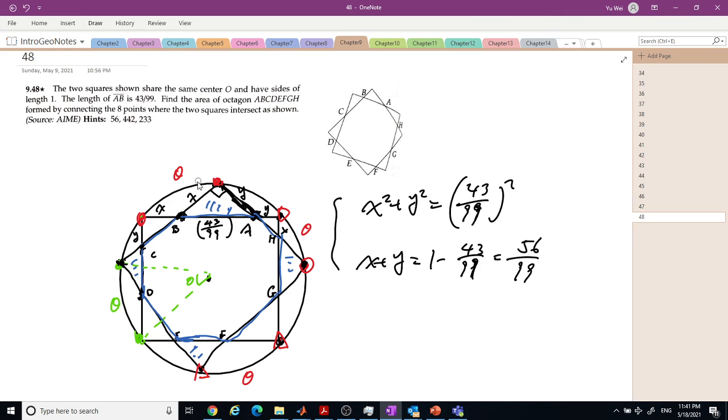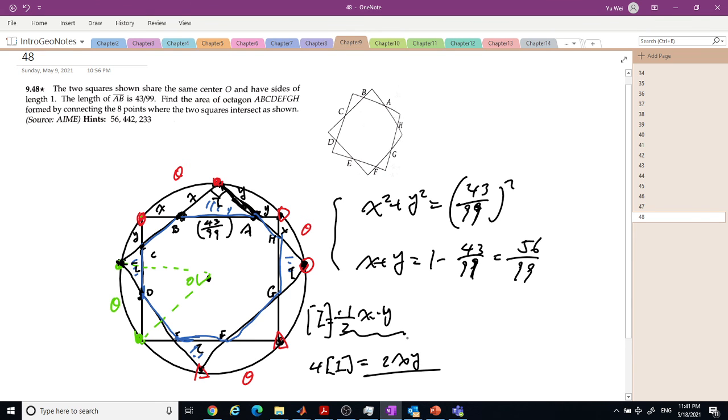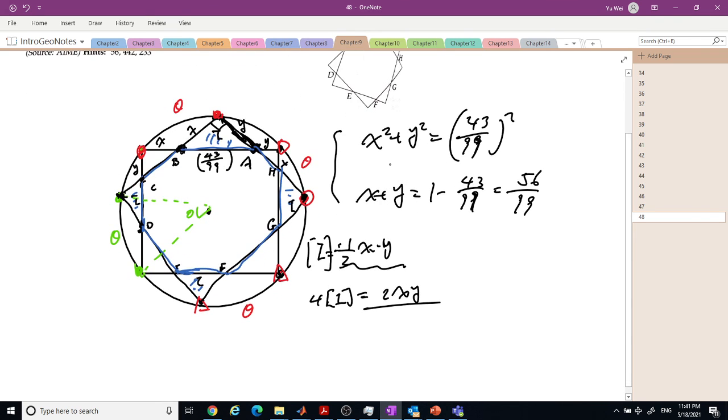So each area is half of x times y. The four of them together equal 2xy. Once we solve 2xy, we solve this problem.